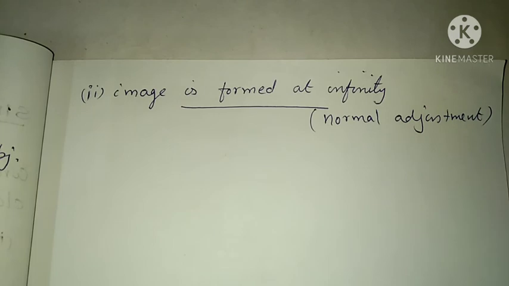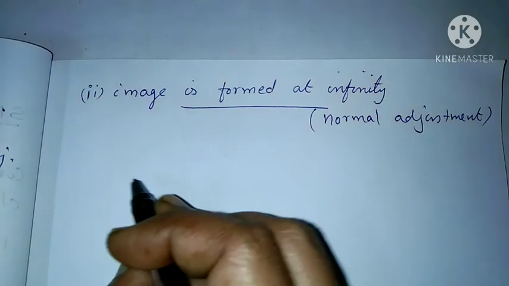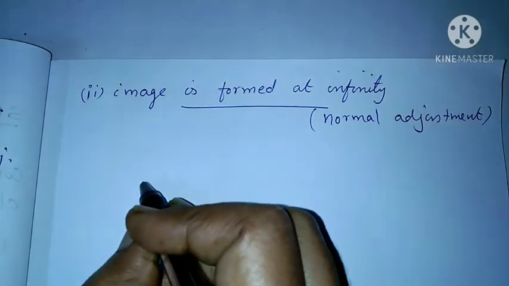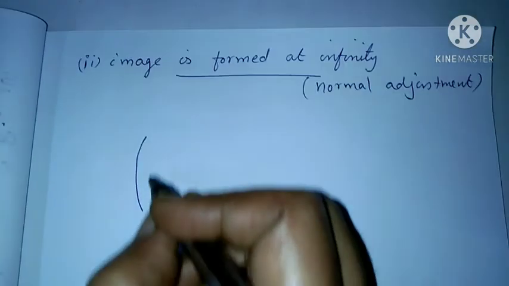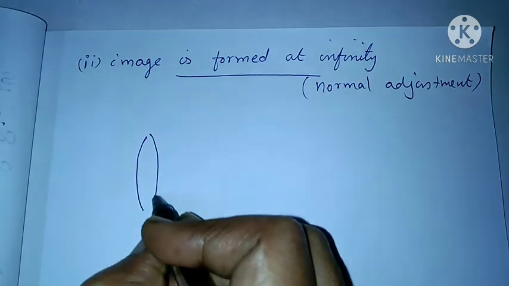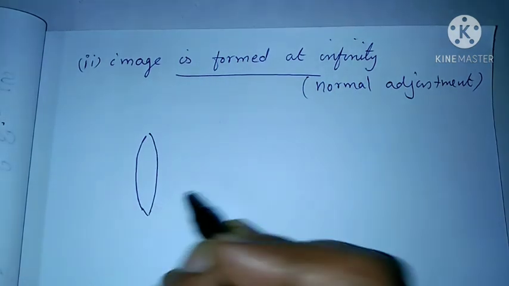Here you want to form the image at the focus of the eyepiece. Then only we can get the final image at infinity. So here we can draw the eyepiece. It has a small aperture and short focal length.